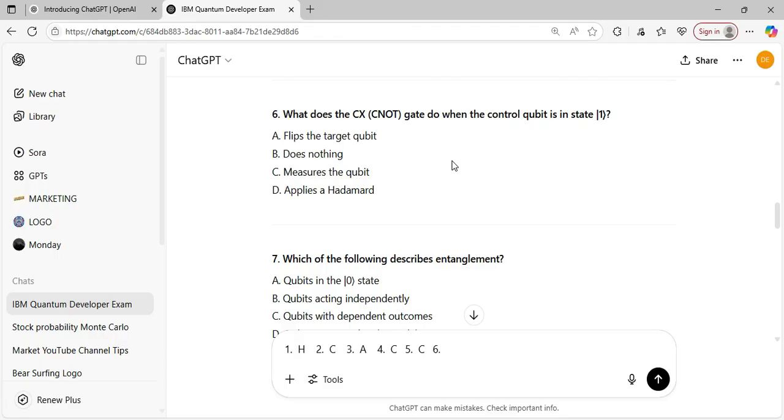No, it flips the target qubit. I think that's A, because it's going to flip the target qubit based on the control qubit.